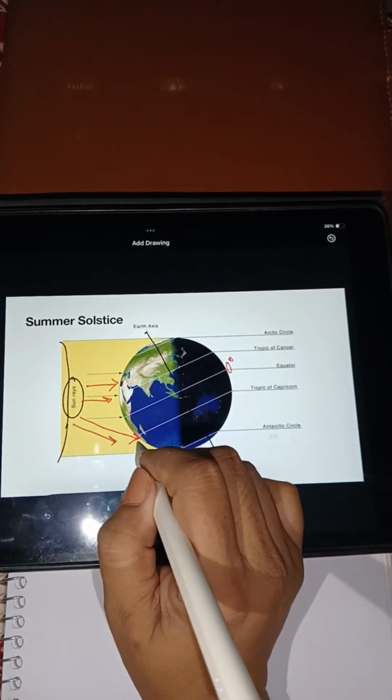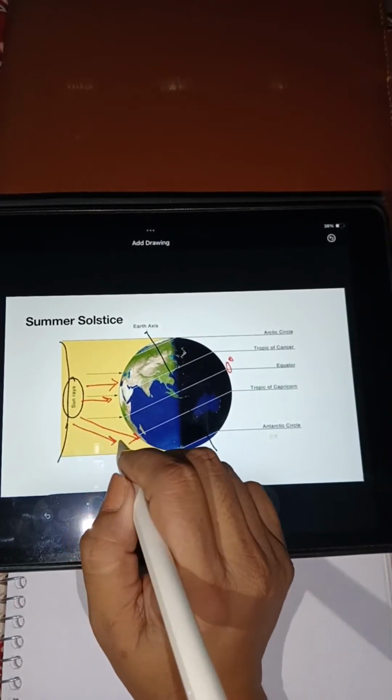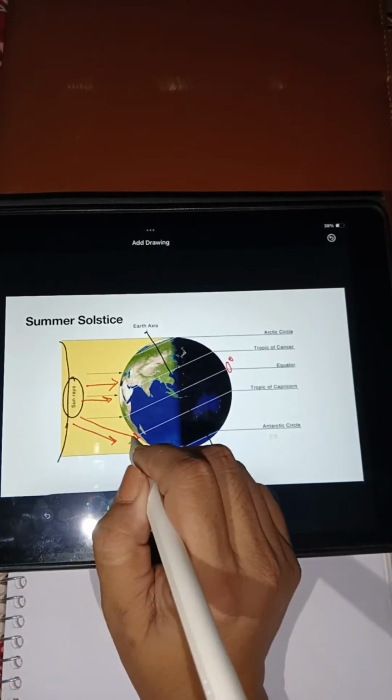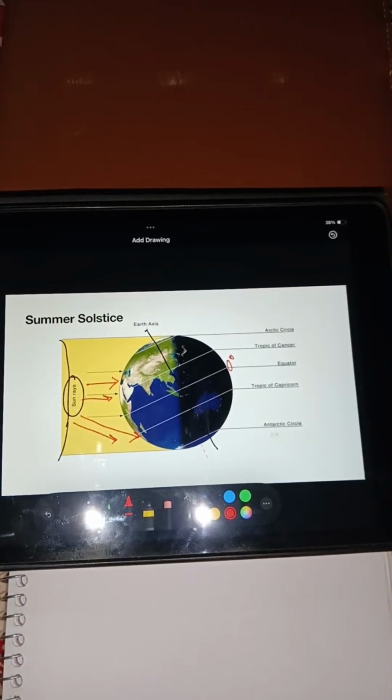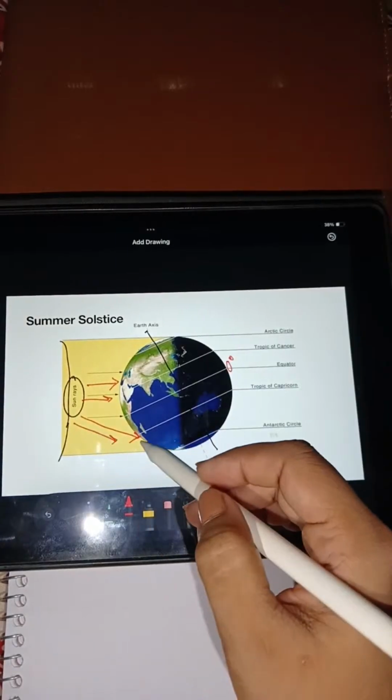As the slanting rays have to travel more distance, the light or the heat becomes lesser due to atmospheric things.